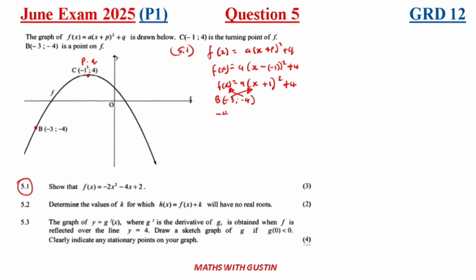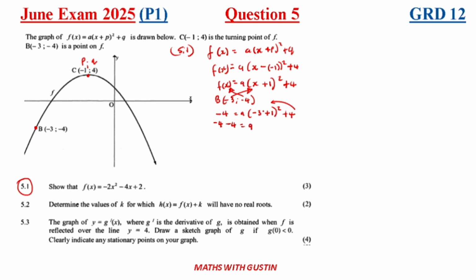So it's going to be -4 equals a. And in the space of x, we're going to put -3 plus 1 all squared plus 4.